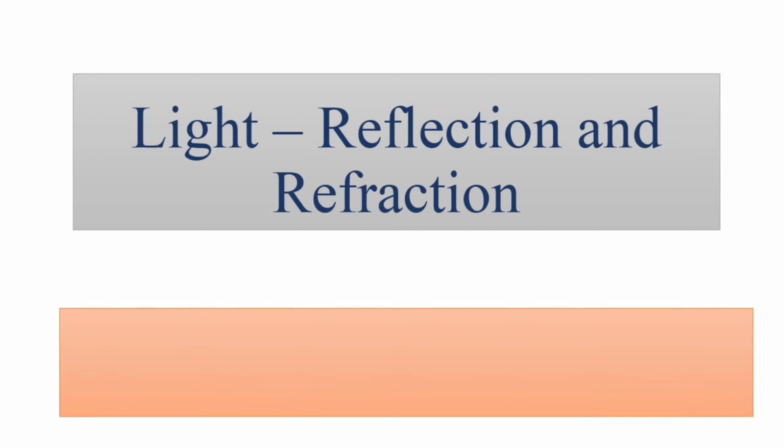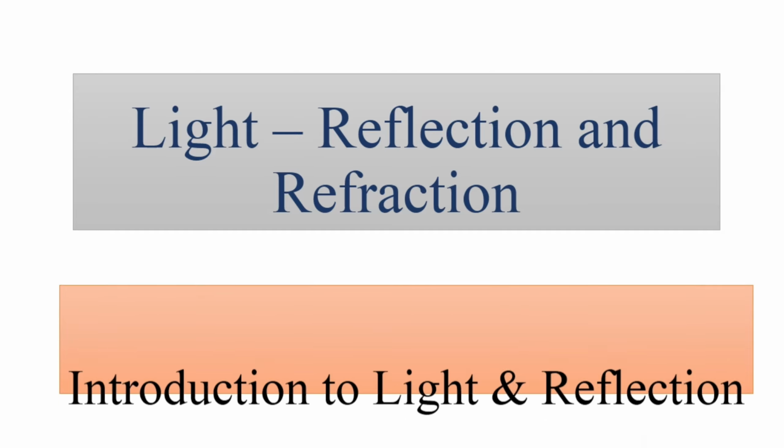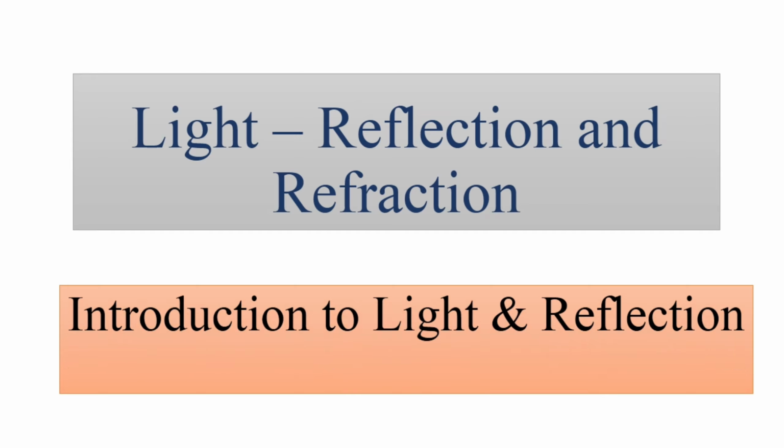Today we are diving into the fascinating world of light, reflection and refraction straight from the CBSE grade 10 science book. Let's get started. Let's start with a simple question.